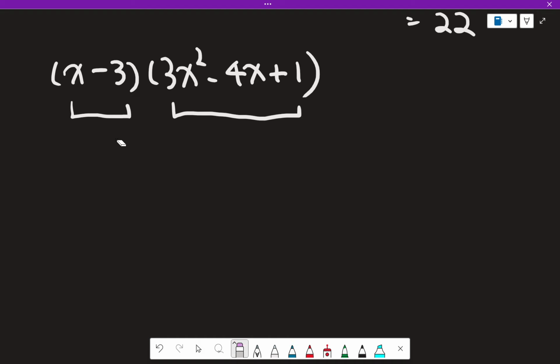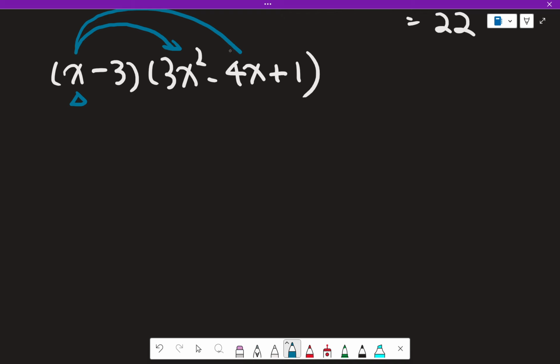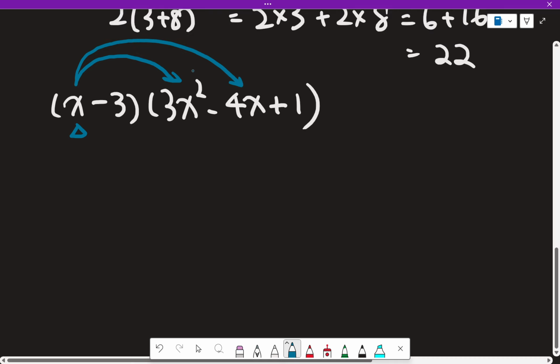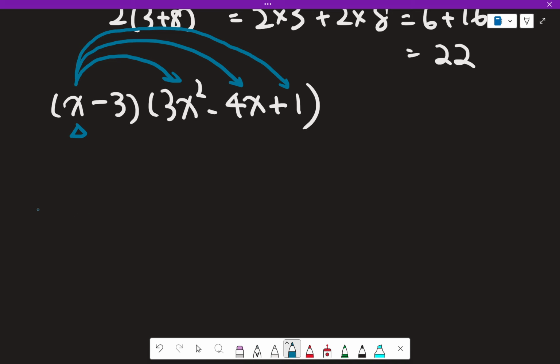So first, let's distribute the first term in the first bracket, which is this x, to the 3 terms here. And by saying distribute, we mean multiply. So we want to multiply this x to 3x squared, to negative 4x, which is the second term, and to this positive 1 right here.